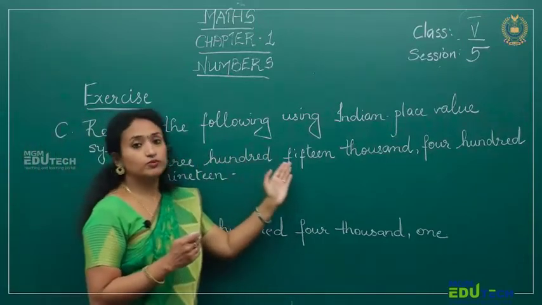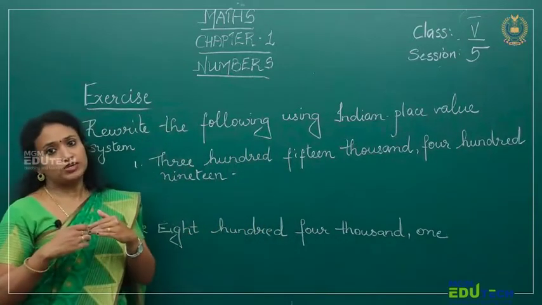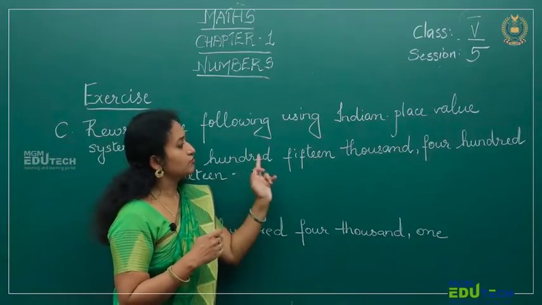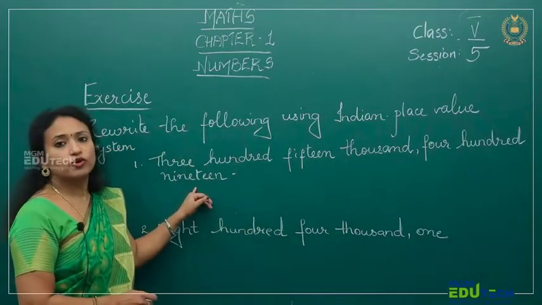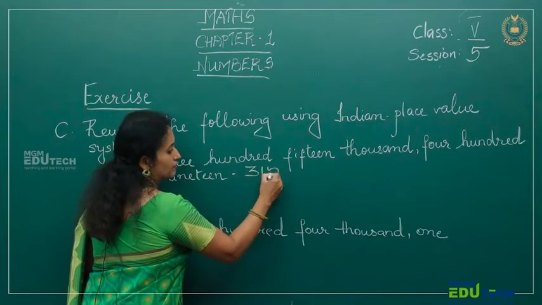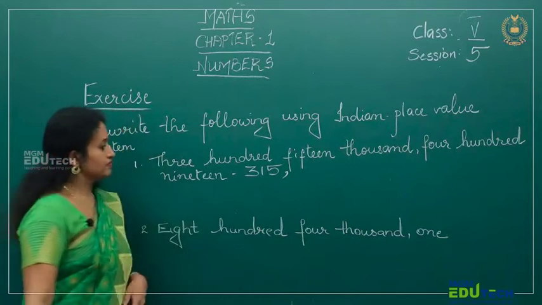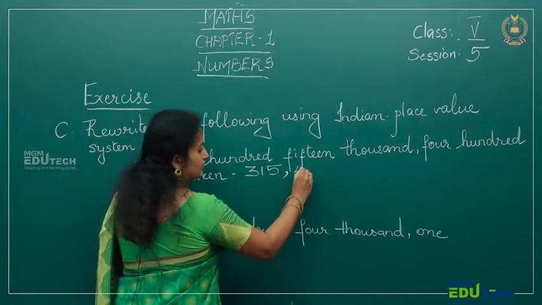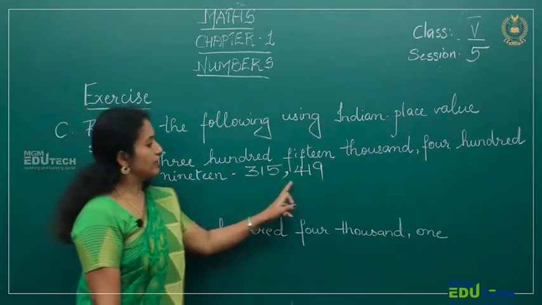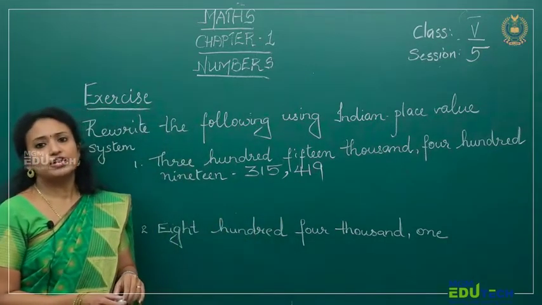It is given to you in words. First write it in figures. So 315,419. This is how you write the number in the international place value system.